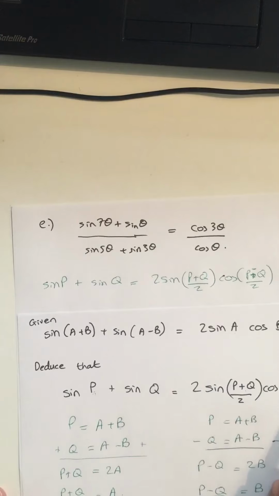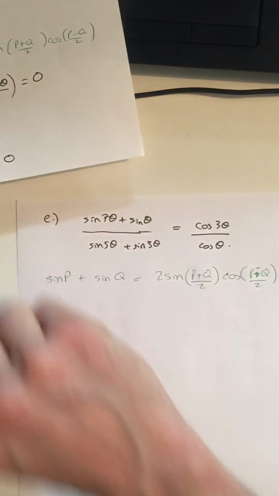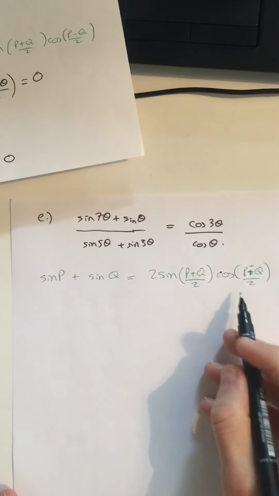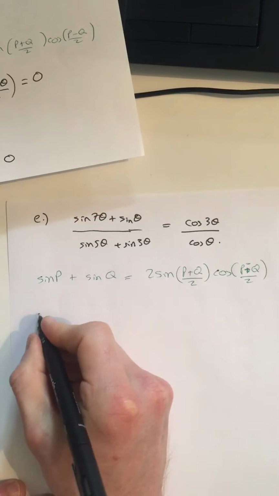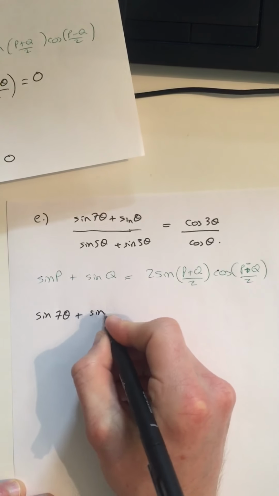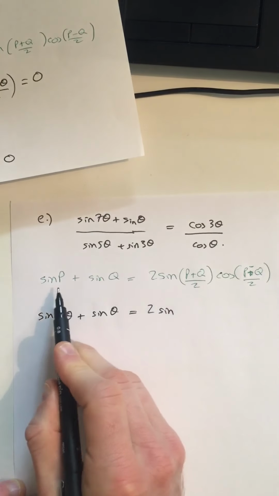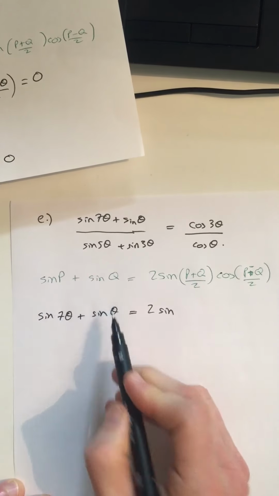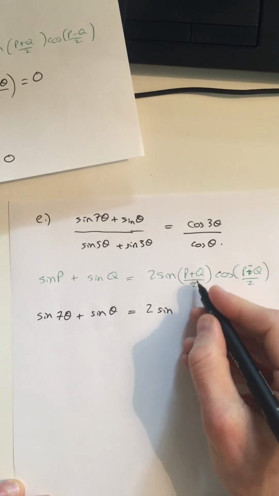That's just me rewriting the formula for the sum of two sines. I'm going to use this to rewrite the numerator and the denominator. For the numerator, sine 7 theta plus sine theta, P is 7 theta, Q is theta, so 7 theta plus theta is 8 theta.